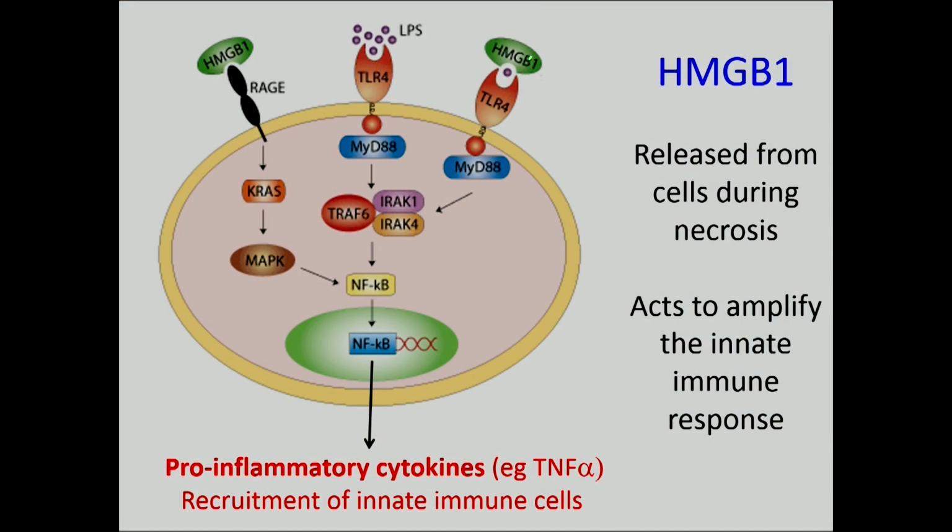And HMGB1 is this incredibly interesting protein, which I never thought of as being in the nucleus, but when it's floating around in the serum, it can act as a stimulator of the innate immune response. It actually binds to TLR4 receptors, binds to RAGE receptors, and stimulates pro-inflammatory cytokines that now recruit innate immune cells.